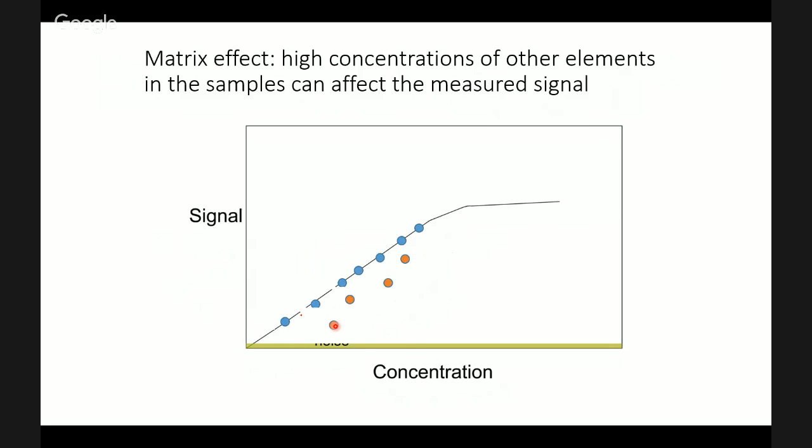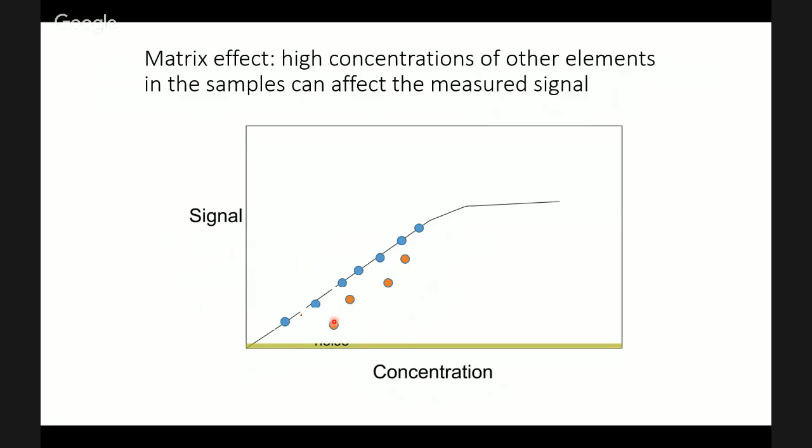So we can try and get rid of that effect using the internal standardization mentioned earlier. But one of the problems with that is that it does make an assumption, and that assumption is that this signal suppression, due to having other stuff in the sample, is the same for all elements. So it's the same for the element you're interested in and the internal standard element. Now that's not always the case.